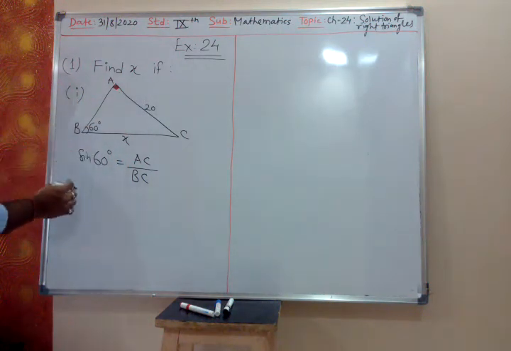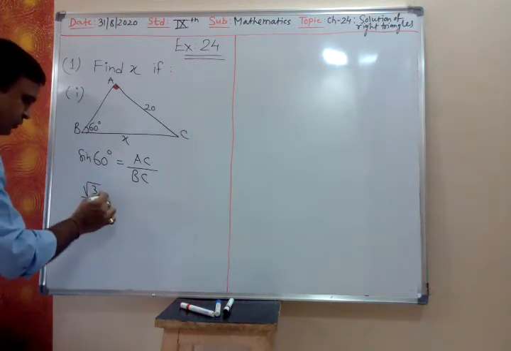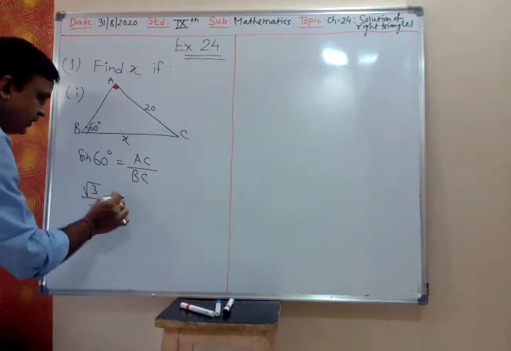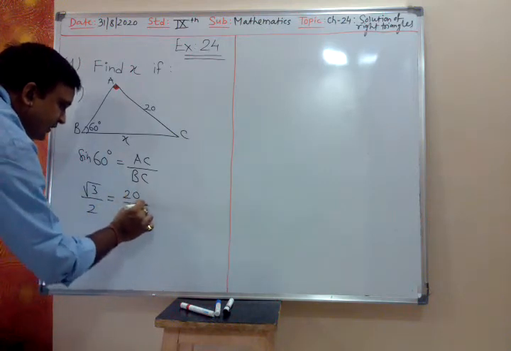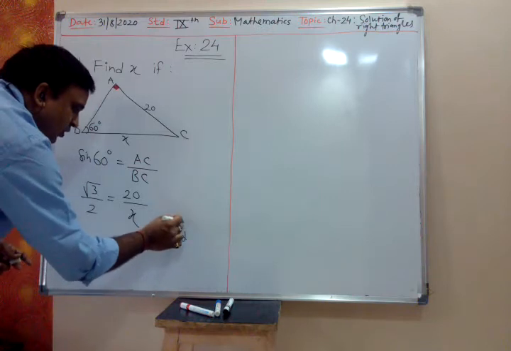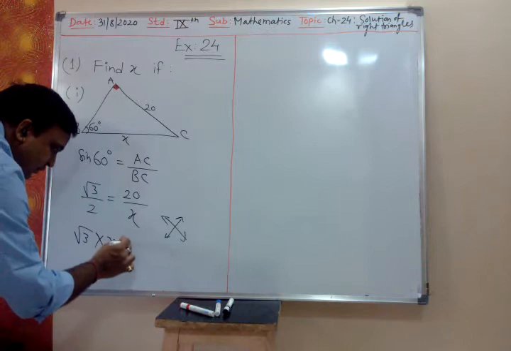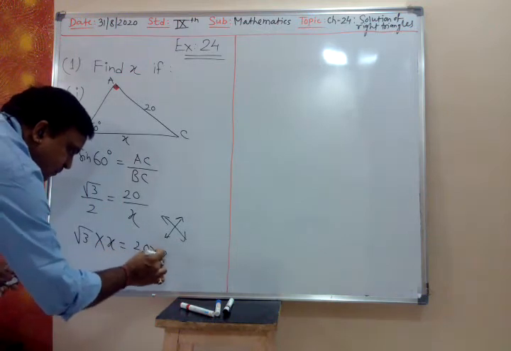Now what is sine 60? Sine 60 is root 3 by 2. So root 3 by 2 is AC upon BC, AC is 20, BC is x. Now we cross multiply. Root 3 into x is equal to 20 into 2.